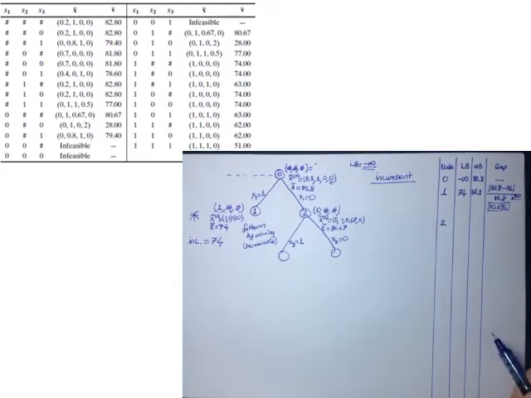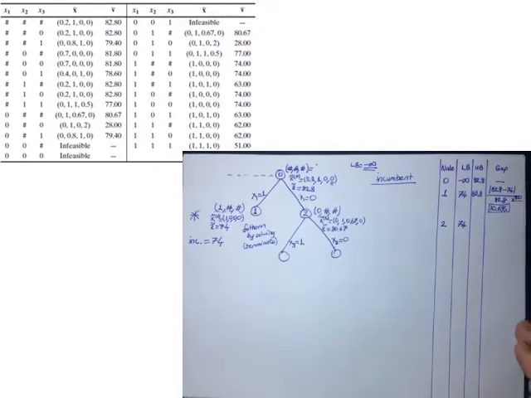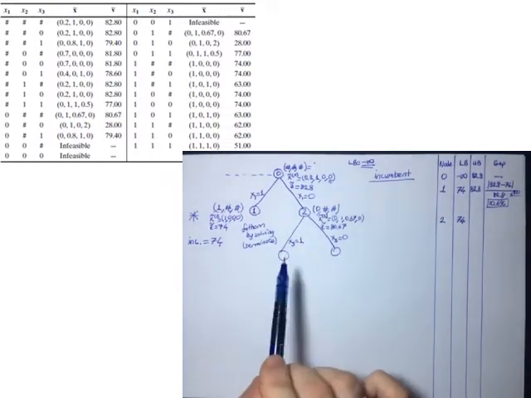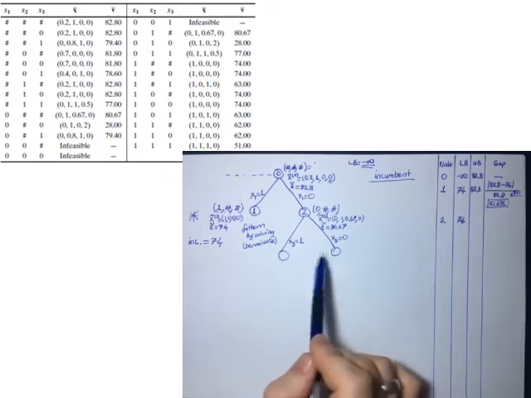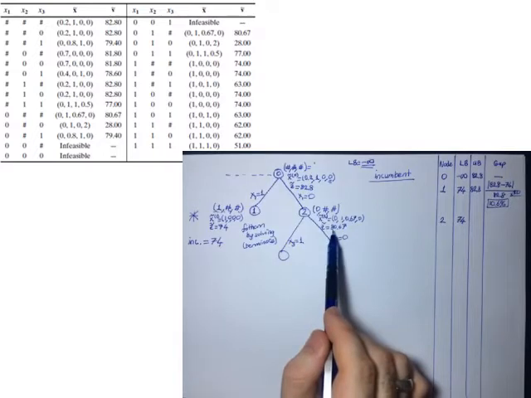What's the lower bound? Lower bound is the incumbent best integer solution. It's still 74. What about the upper bound? The best possible. Okay, for the upper bound, you need to look at the parents of the open nodes. And the parent of the open nodes is node 2, and its value is 80.67.